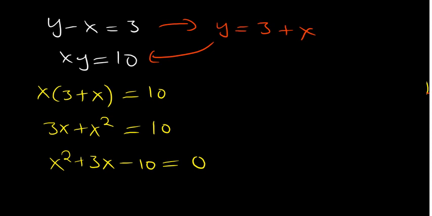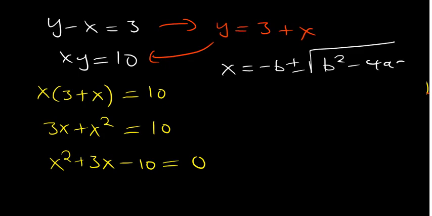So let's apply the quadratic formula. So our x is equal to negative b plus or minus the root of b squared minus 4ac over 2a. So our a in this case is just 1, our b is 3, our c is negative 10.